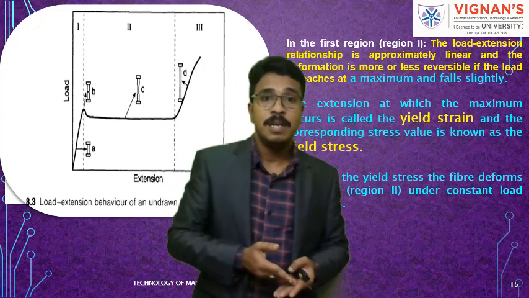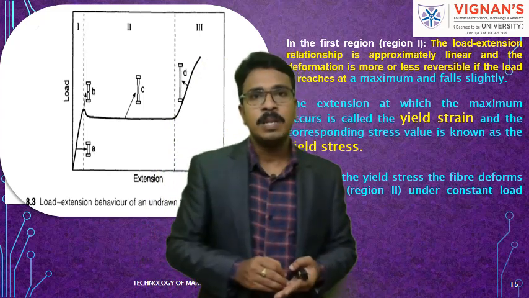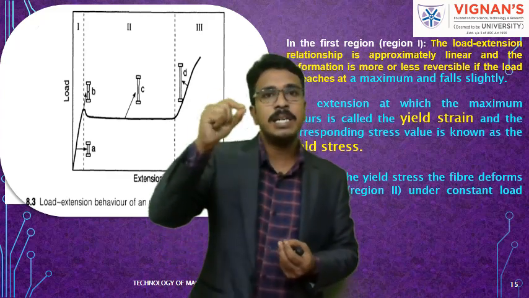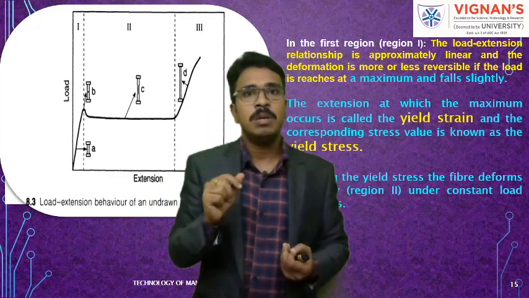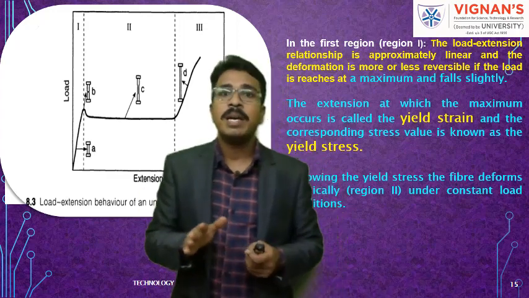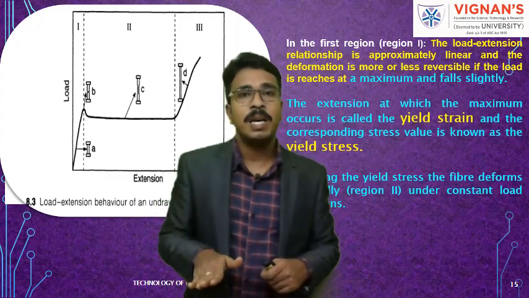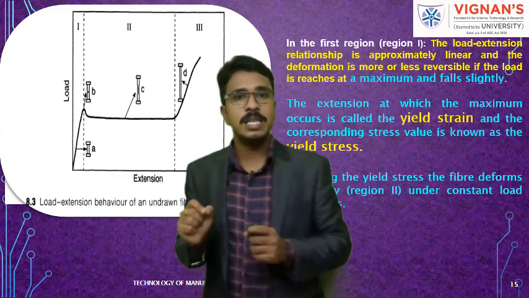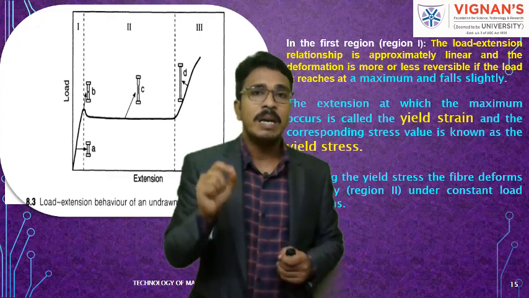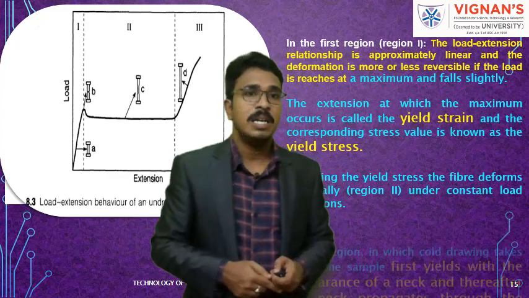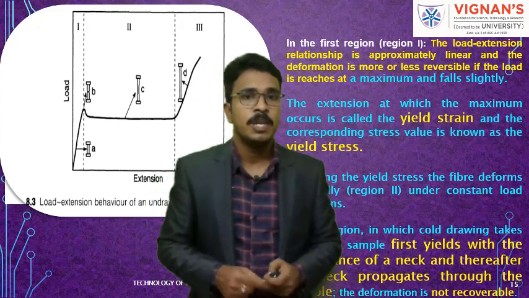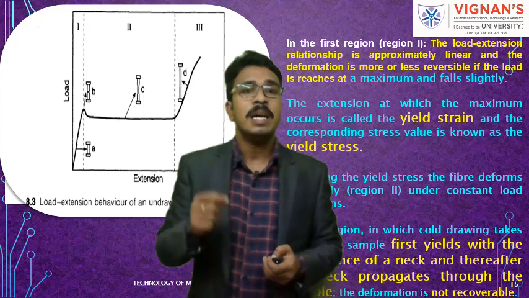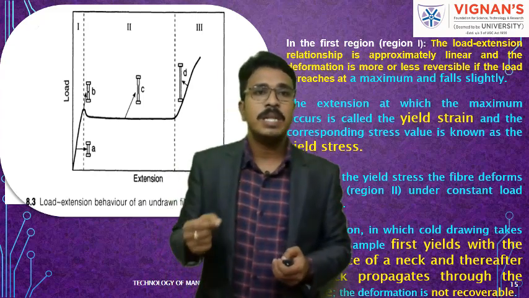But when it comes to region 2, where the maximum yield stress or yield strain is reached, we are no longer increasing the load but keeping it constant. The filament crosses into region 2, where the fiber deforms plastically under constant load conditions. In this region the cold drawing takes place, that means the sample first yields with the appearance of a neck.